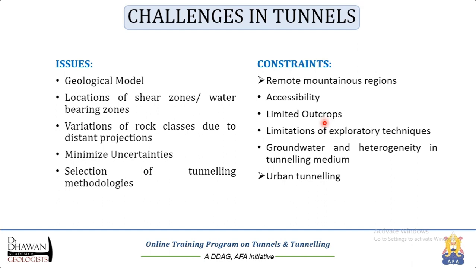There are limitations of exploratory techniques. There are issues related to uncertain occurrences of groundwater and heterogeneity in the tunneling medium, and urban tunneling has a different set of problems which we will discuss in subsequent lectures.